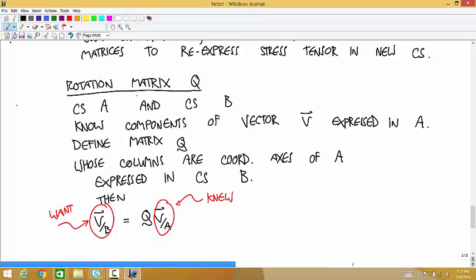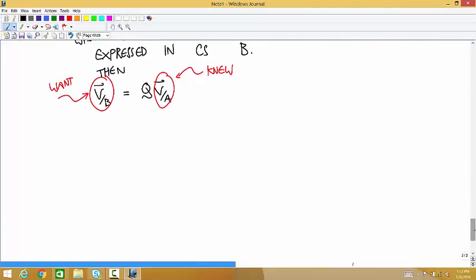Okay, so the key thing is, if you're going from A to B, the columns of that rotation matrix have to be the coordinate axes of A expressed in B. Let me show you an example, that's sort of an intuitive example of this.